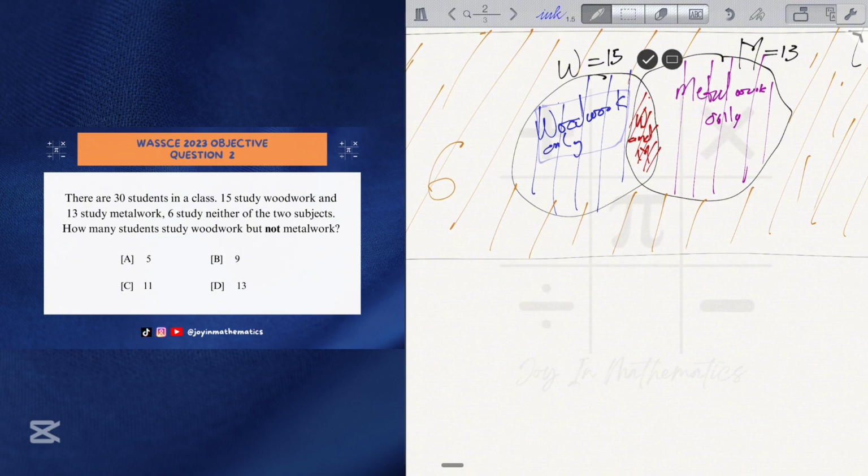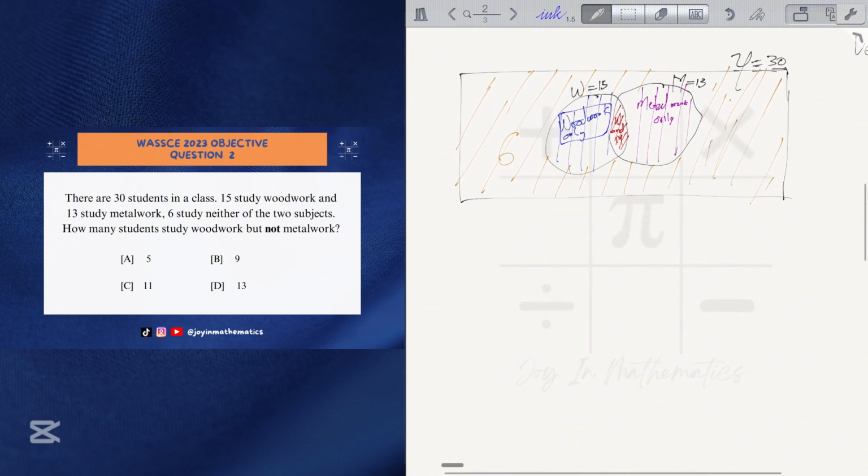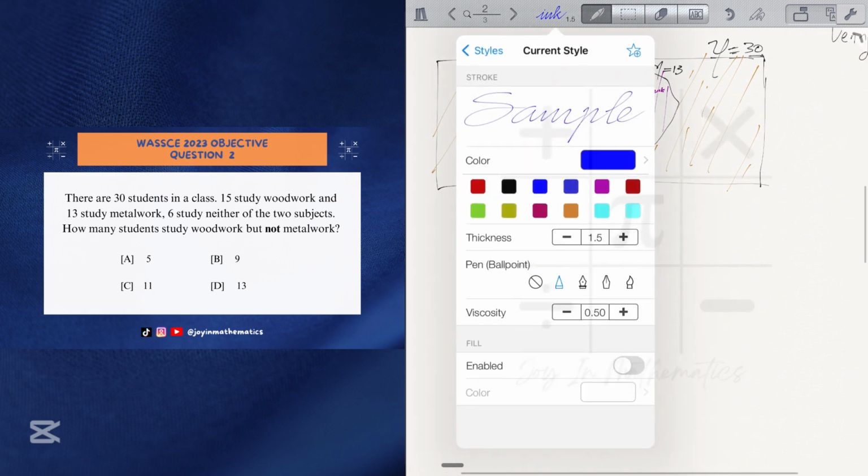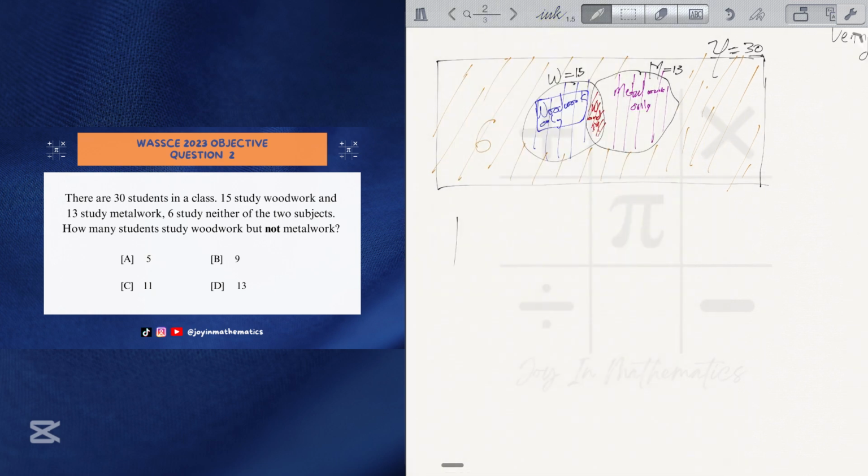So to simplify that now, let's draw this again. Okay, let's replicate it, but this time we'll just use the black ink. So we have the universal set equal to 30. Woodwork, let's make the circle bigger. Woodwork, metalwork, and woodwork is equal to 15.